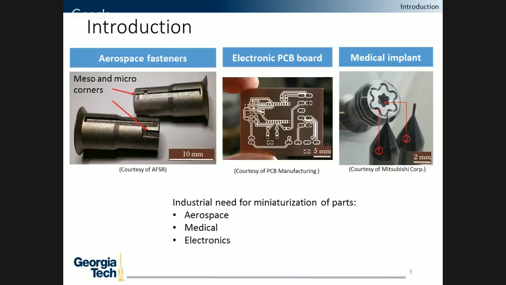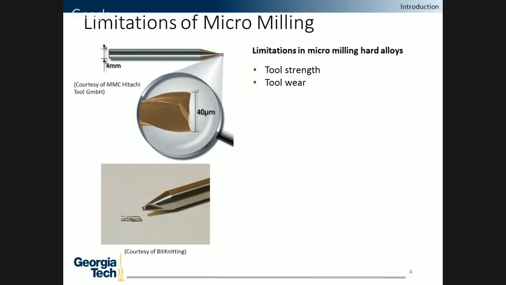Just to put that in perspective, a 0.2 millimeter tool is half the size of the lead in your mechanical pencils. To give an example of that, I'll be passing out a conventional sized end mill, which you typically see in a machine shop, and a microscale end mill underneath.